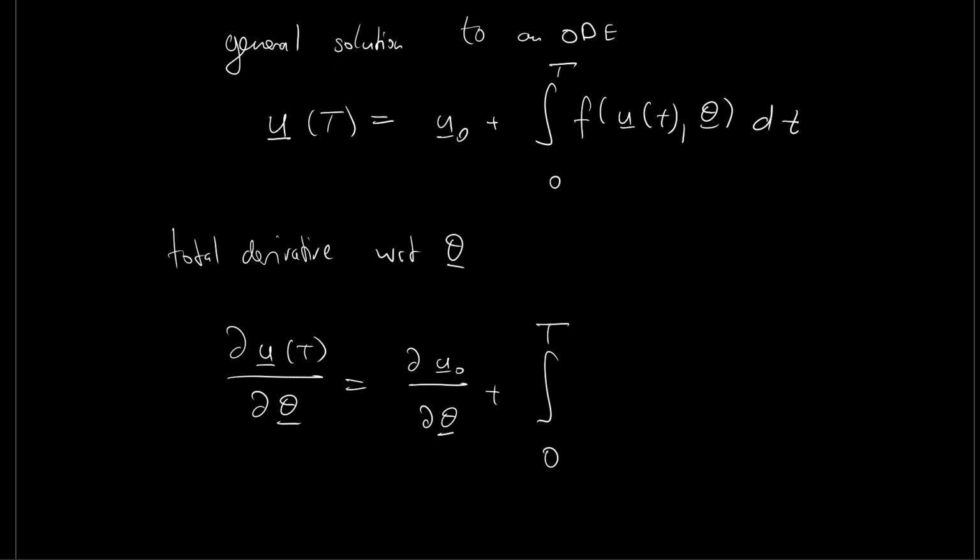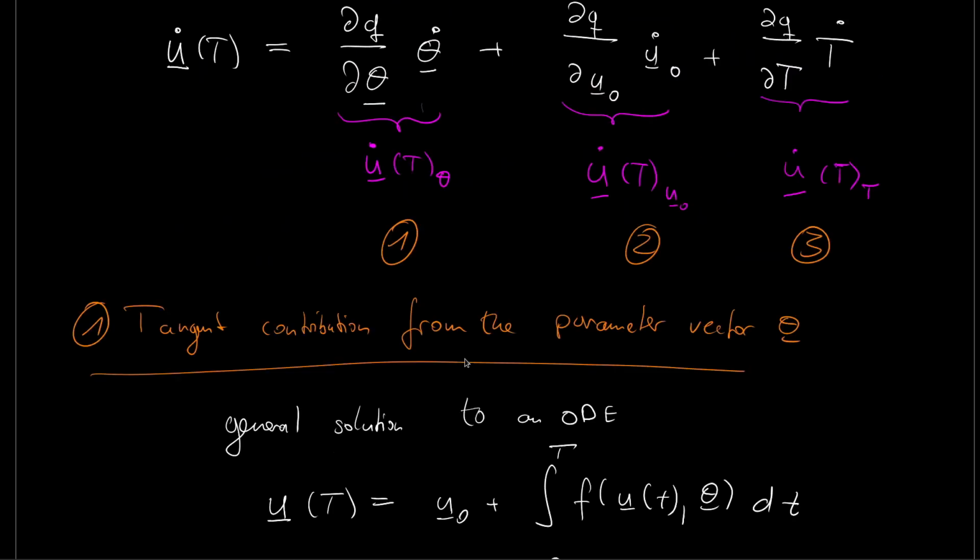We see that our right-hand side has both an explicit dependency and an implicit dependency: it is explicitly dependent on theta, but we also have an implicit dependency of u on theta. So we have to resolve that chain. We get the derivative of f with respect to u, times u with respect to theta, plus f with respect to theta, and this integrated over t. Okay, now we found an expression for the Jacobian of the final time with respect to theta. Essentially, this is what we also have here.